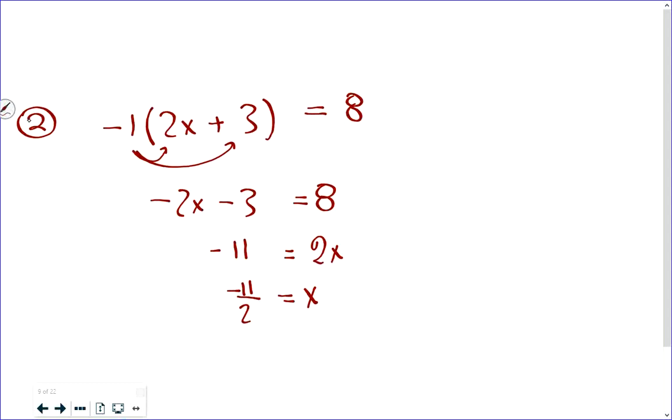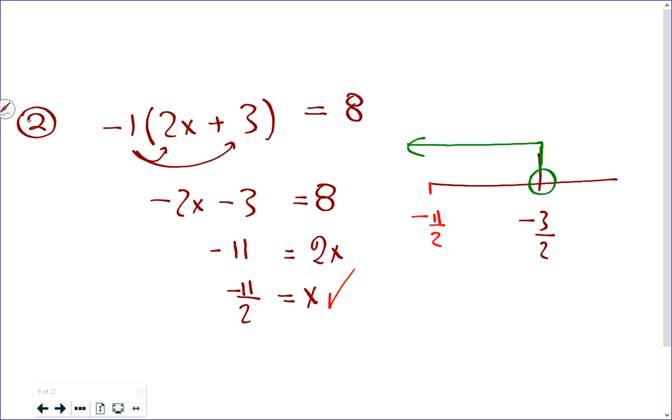Don't forget that this equation is only valid for values of x where x is less than -3/2. Is -11/2 less than -3/2? Yeah, it is. It's in that domain. It's someplace over here, which means it will work. And you can put it in and check it in the original equation if you like.